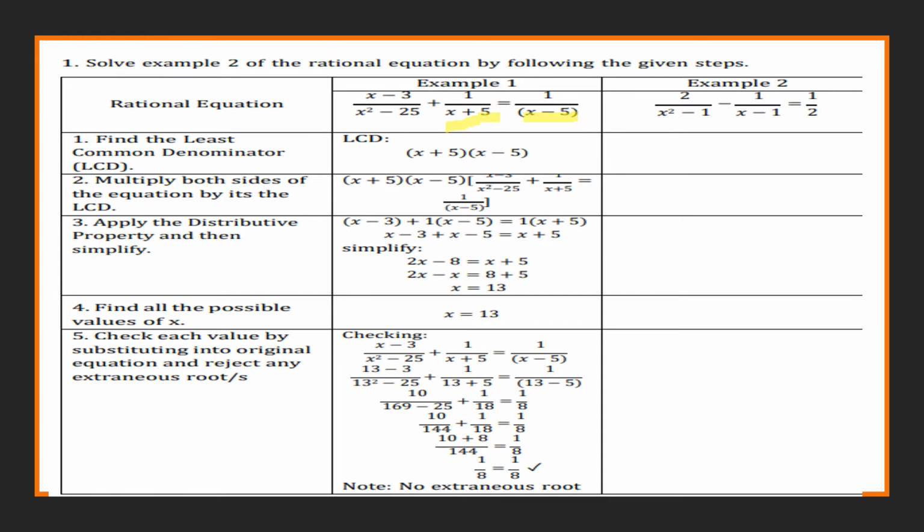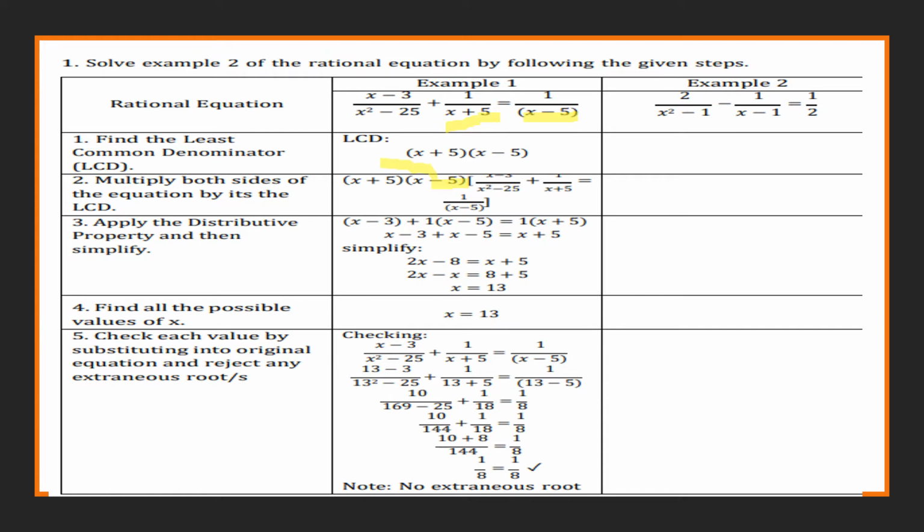Take note, these are the sum and difference of two terms. Okay, so multiply. You can use the FOIL method kung gusto nyong gamitin since these are two binomials. Now, the least common denominator is the quantity x plus 5 times the quantity x minus 5. So, ang next na gagawin, i-multiply nyo siya both sides.